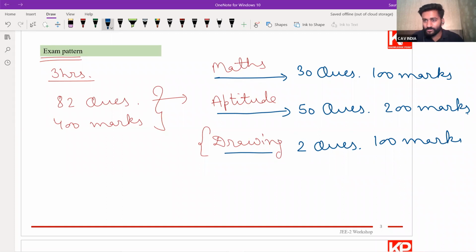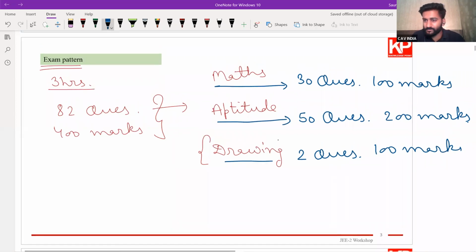Sometimes they also ask questions related to general knowledge, like the major authorities, or sustainable development goals, or whatever the latest things happening. You will also see some questions related to authorities, like let's say UNESCO or MSR. Those kinds of things are also asked. So if you take care of those general aptitude things, you can expect 1 or 2 questions, and you can think of getting a score in those questions.